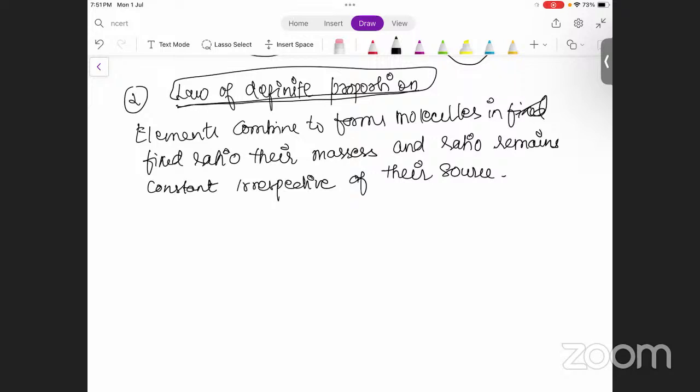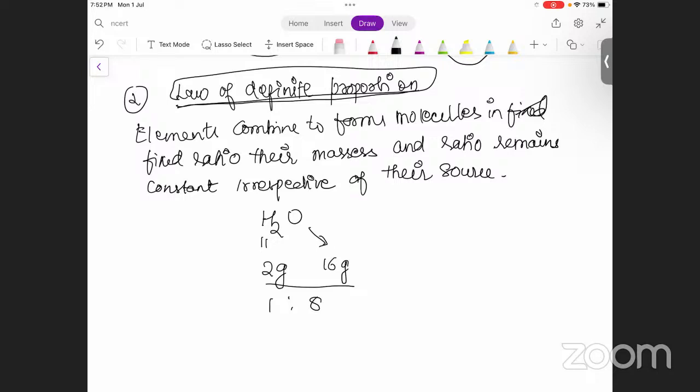So what does it mean in simple language? Let's take water. So water is H2O. Here the mass of hydrogen is 2 grams and the mass of oxygen is 16 grams, right? So the simple ratio of their masses is 1:8, right?